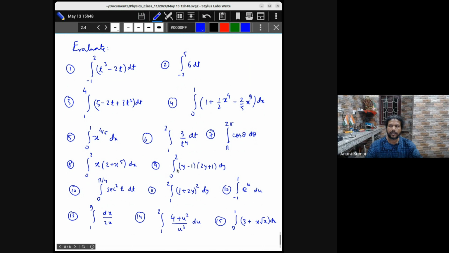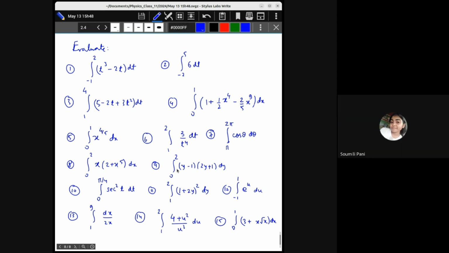Cosine or sine should be looked at in terms of degrees. For example, sine pi by 3. Pi by 3 stands for 60 degrees actually. Are you getting what I'm saying? Sine pi by 3 is root 3 by 2 because that's sine 60 degrees. In that sense, it is being used. Yes, understood.